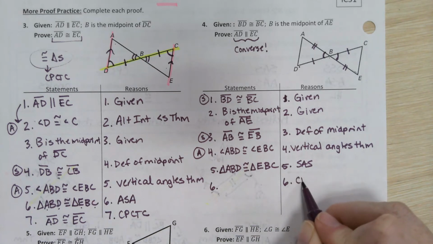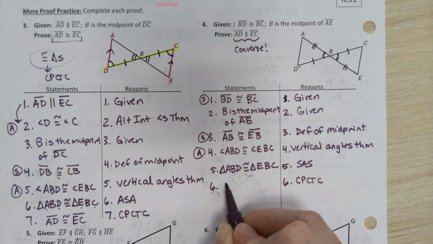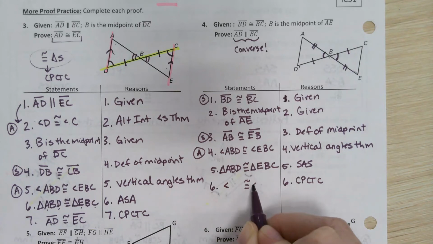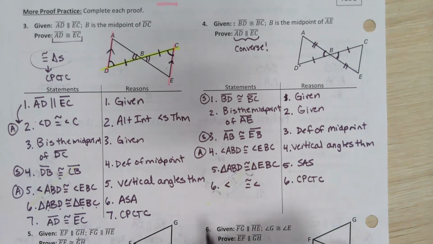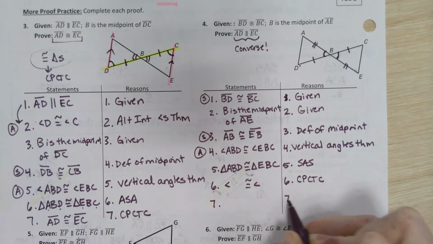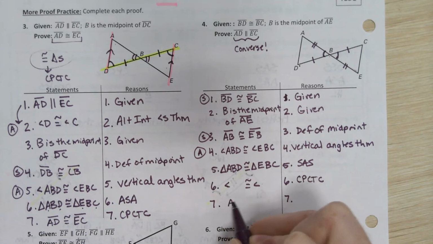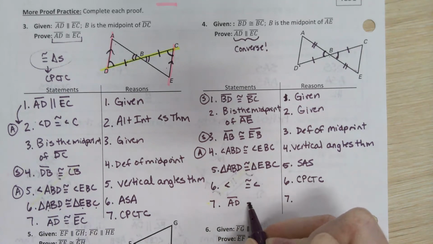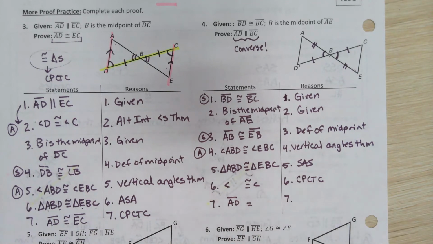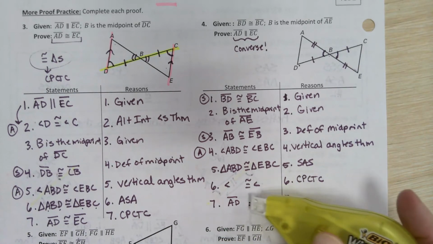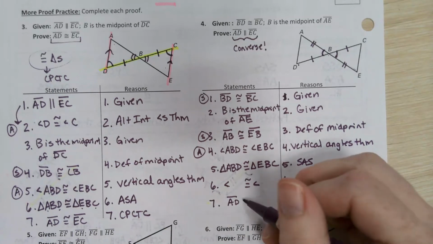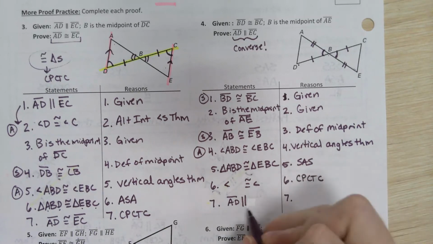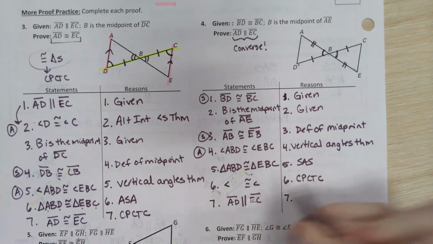So I'm going to use CPCTC to talk about some angles being congruent so that after that, I'm going to be able to talk about these segments. Oops, I made a mistake there. And how they are not congruent to each other. That was my mistake. But parallel to each other. So AD parallel to EC.